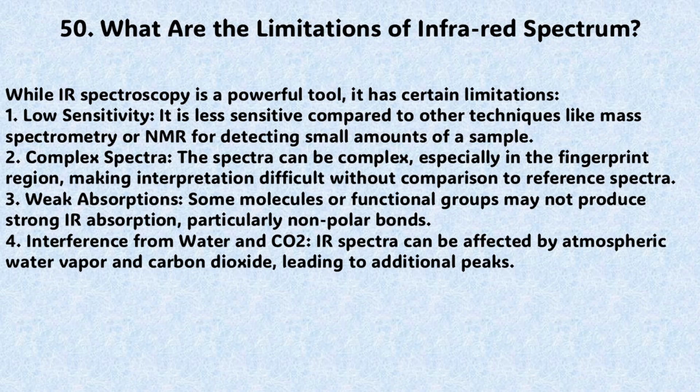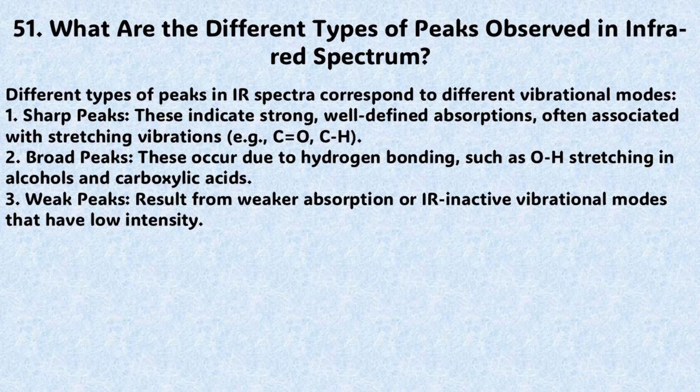Weak absorptions: some molecules or functional groups may not produce strong infrared absorption, particularly nonpolar bonds. Interference from water and CO2: infrared spectra can be affected by atmospheric water vapor and carbon dioxide, leading to additional peaks.